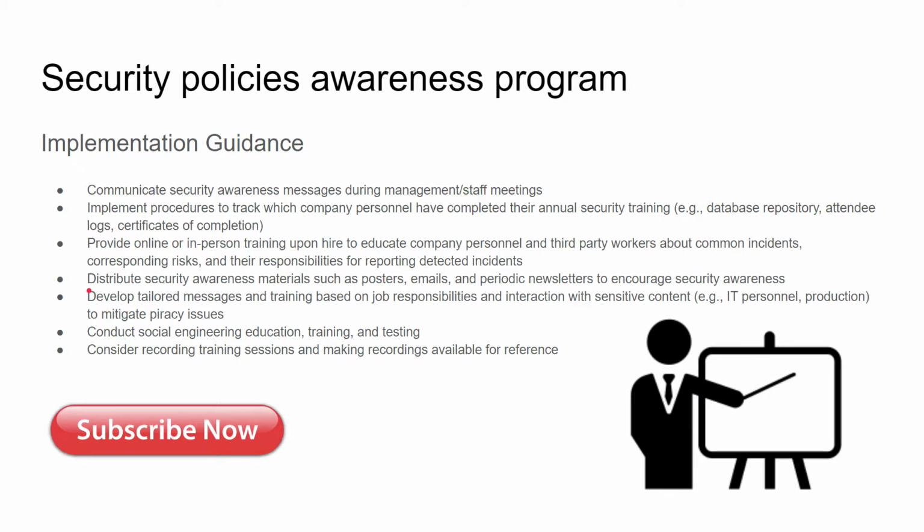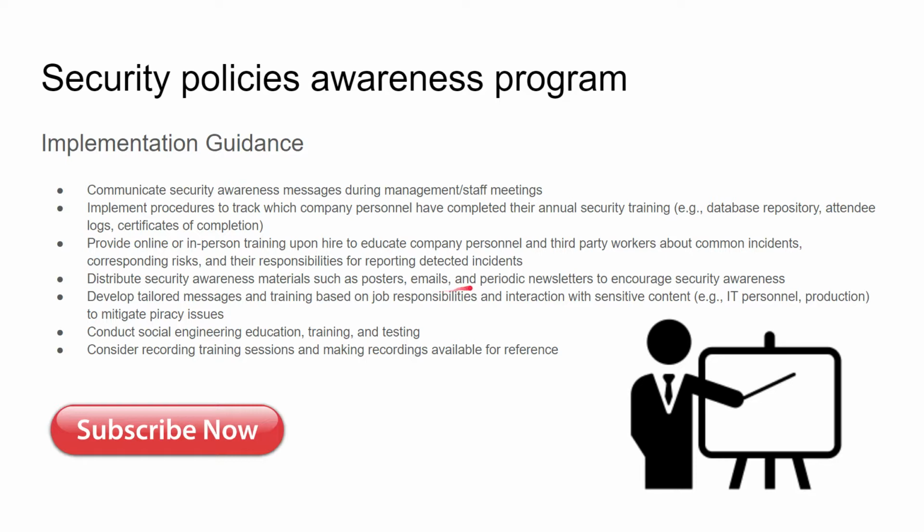Then you can provide distributed security awareness material such as posters, emails, and periodic newsletters to encourage security awareness. And this is very interesting: you can put posters in your production floor or wherever there is a high security area, maybe in your data center, your server room or your render farm, wherever you want. You can put posters so people are aware when they enter that space.